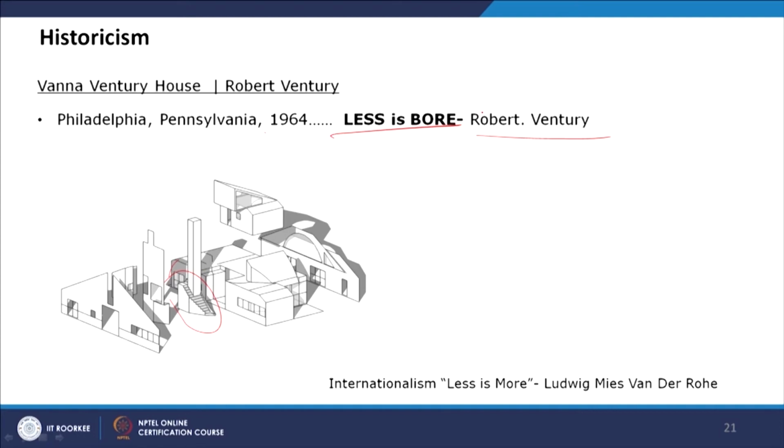And we remember that in the internationalist movement, Ludwig Mies van der Rohe said less is more, and he designed in a minimalist way buildings like the Farnsworth House and the Seagram Building with Philip Johnson, and he also designed the Barcelona chair and the Barcelona Pavilion with a minimalist approach.